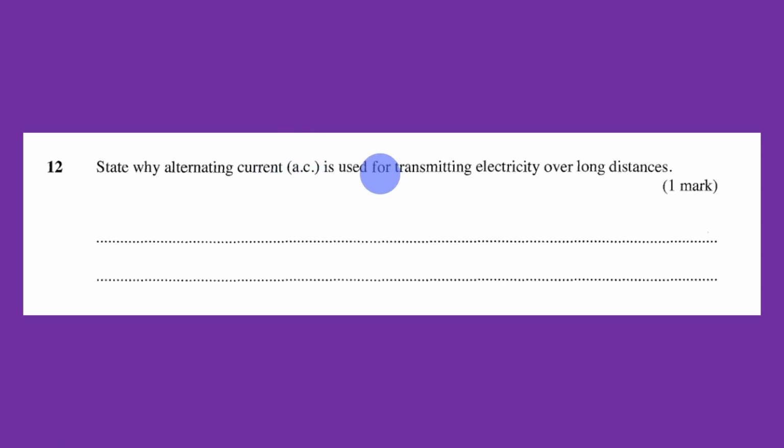When we come to the consumer, we must reduce those high voltages to lower voltages so that it is safe enough and convenient. And it is transformers which make it possible to step up and step down.